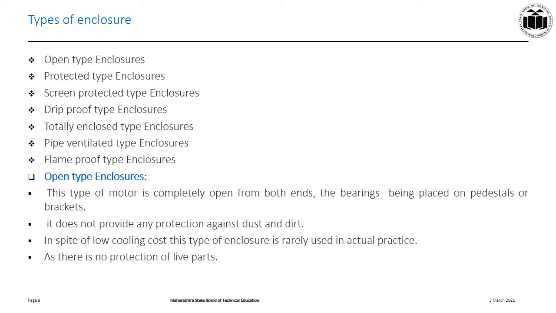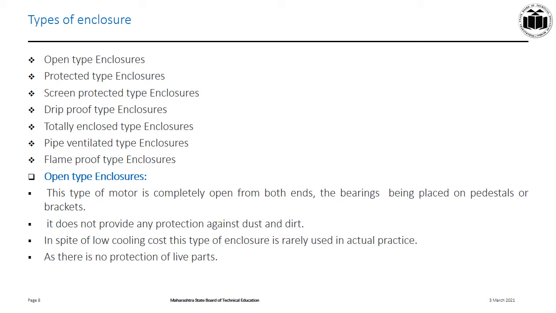Now, types of enclosures. If we look at the types of enclosure, they are open type, protected, screen protected, drip proof, totally enclosed, pipe ventilated and the flame proof type. In open type of enclosure, motor is completely open from both the ends, the bearings being placed on the pedestals or the brackets.